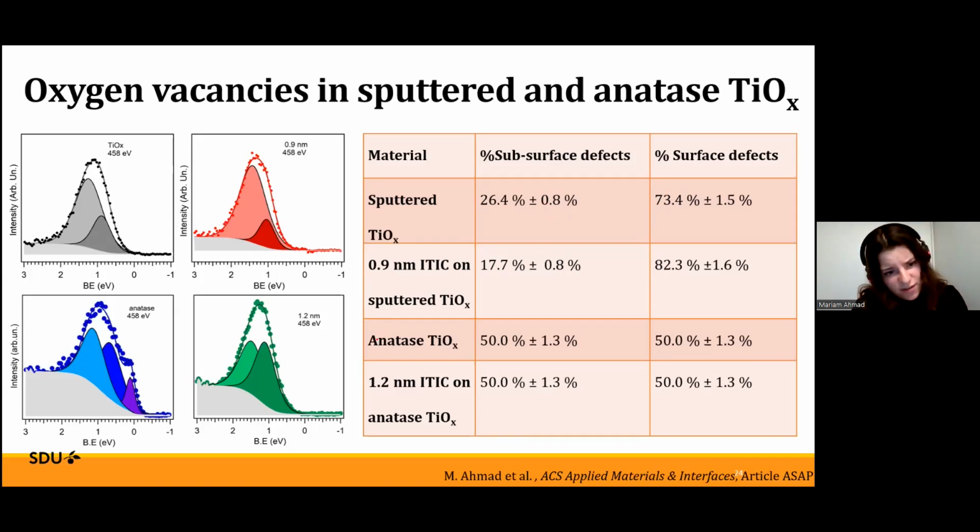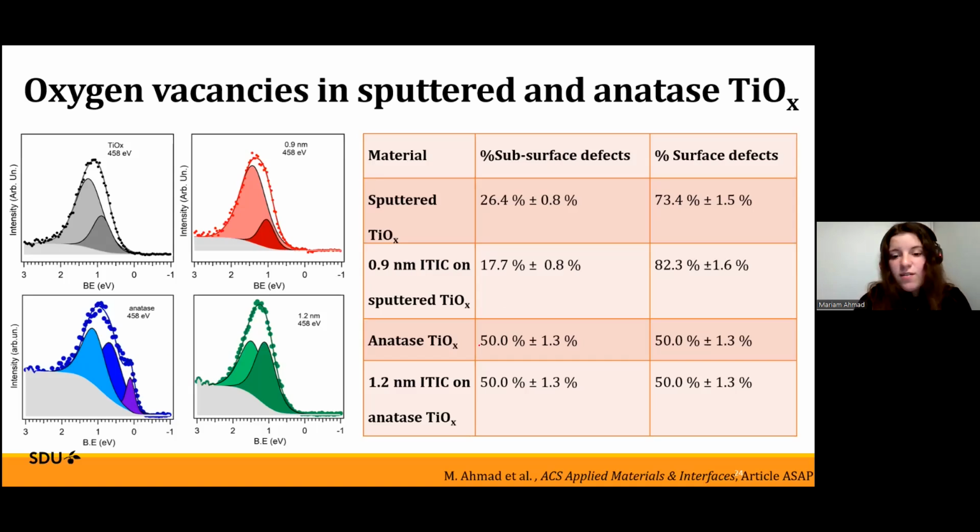Now, for the anatase, the situation is quite different. First of all, before deposition of ITIC, there are three features in the anatase. One very close to the Fermi level, which is a shallow bandgap state, which is often observed in anatase single crystals. But then we also have our low binding energy subsurface oxygen vacancies, and then also the surface oxygen vacancies.